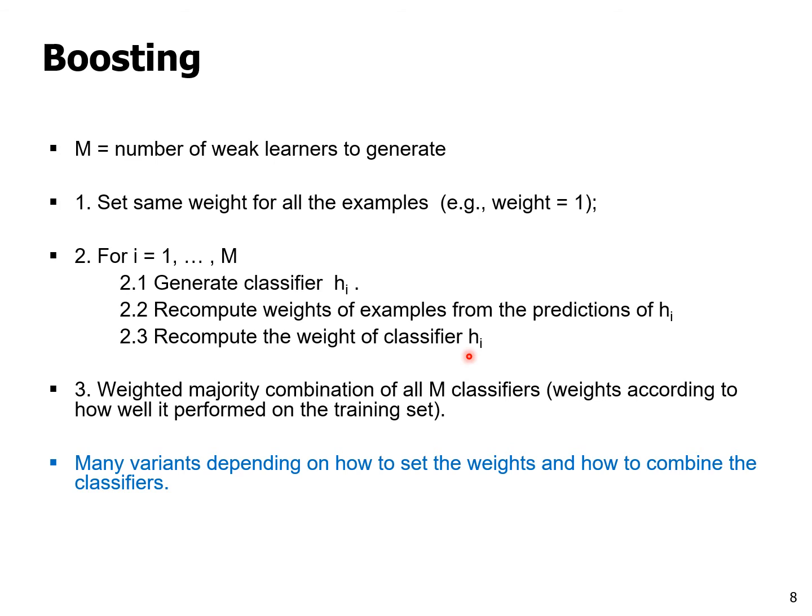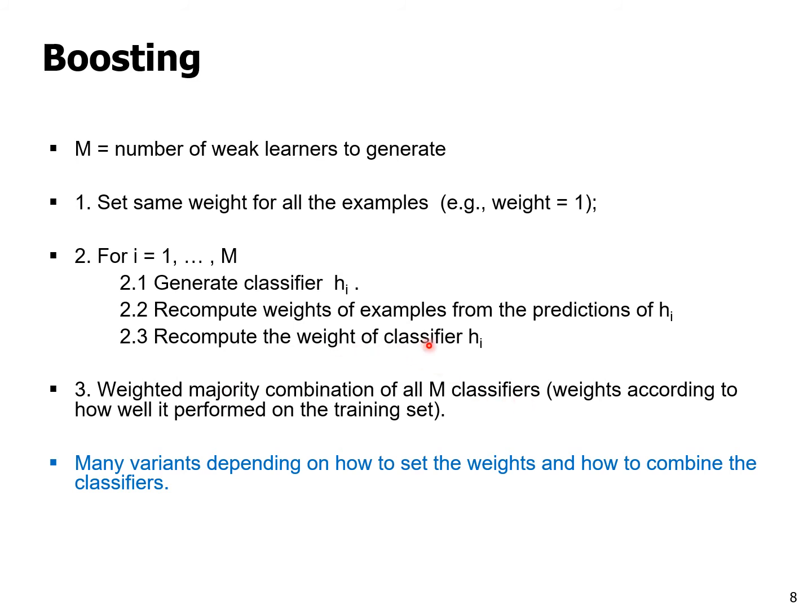Anyway, for i equals 1 to M, we repeat this. When this is done, finally we do a weighted voting using all these M classifiers.